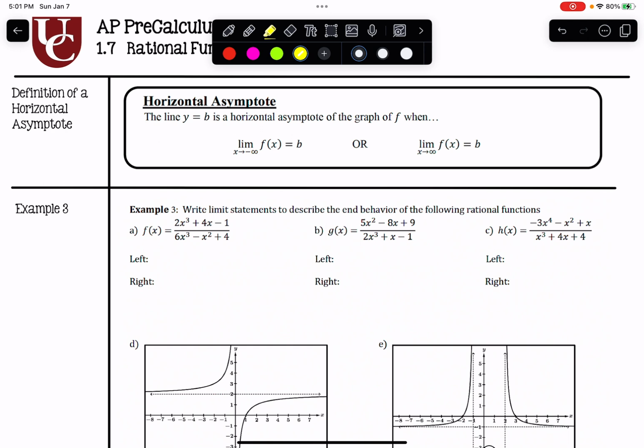So a horizontal asymptote, a line y equals b, is one when the limit as x goes to negative infinity, so the end behavior from the left, is a number, or the limit as x goes to infinity on the right side is a number.